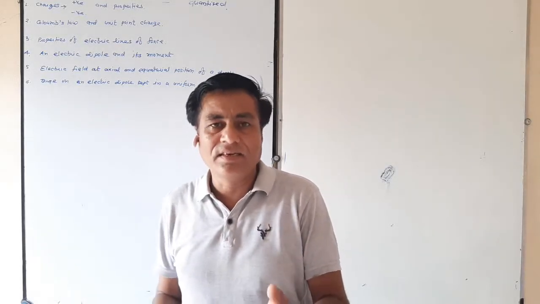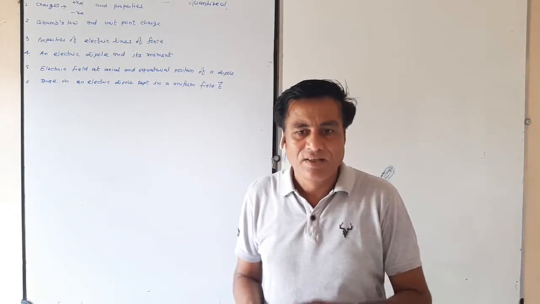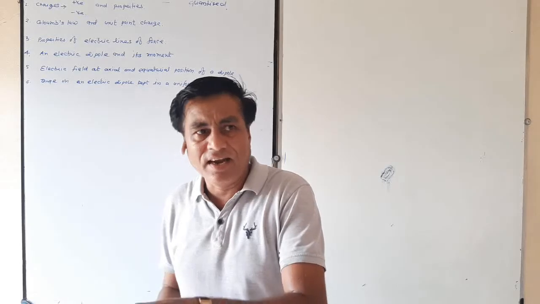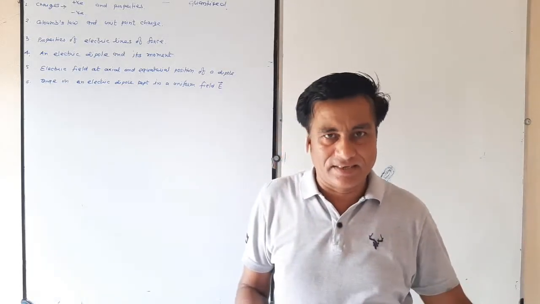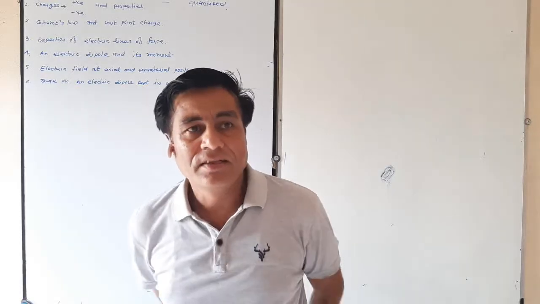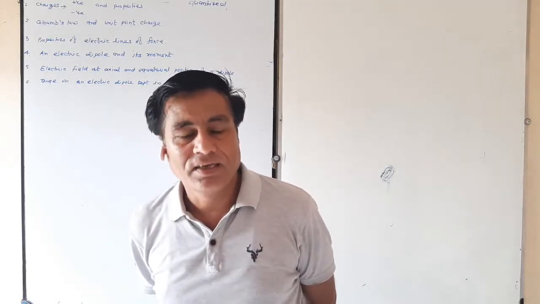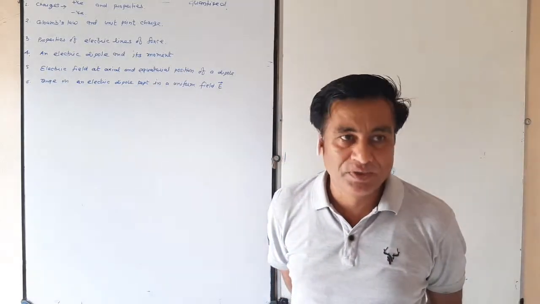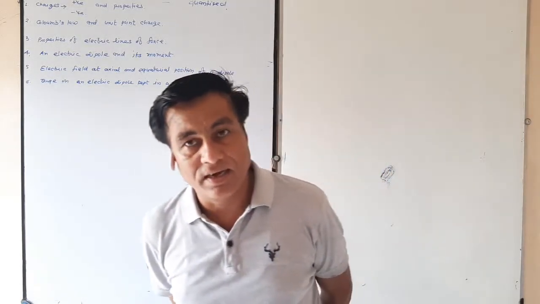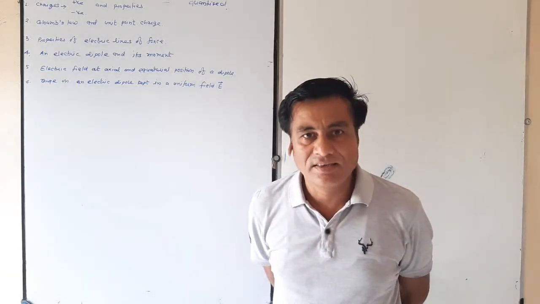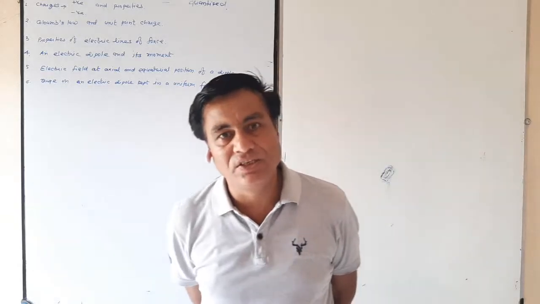There is no generation of charges. One place has less electron, the other place has excess electron. If you sum it, you get zero. Neutral means there is no charge; charge cannot be destroyed, charge cannot be reproduced. And for an isolated system, the total sum of charge is zero.